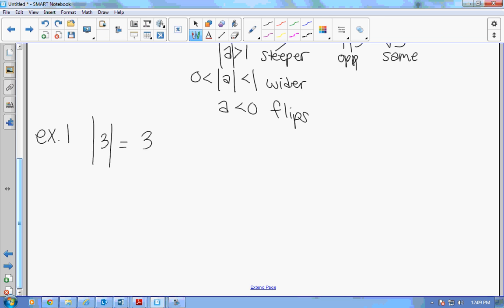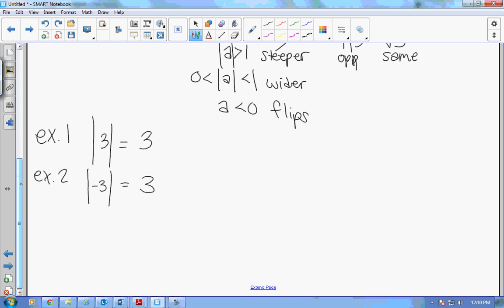Absolute value means the distance from 0. The number 3 is 3 units away from 0. Distance always has to be measured in positive units because length can't be negative. So what would the absolute value of negative 3 be? You got to make those bars nice and long, otherwise they can look like 1s and you get confused. Because is negative 3 also 3 units away? So they have the same, don't spin please. They have the same absolute value.